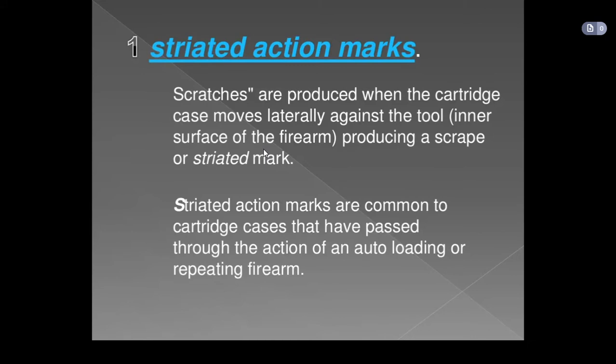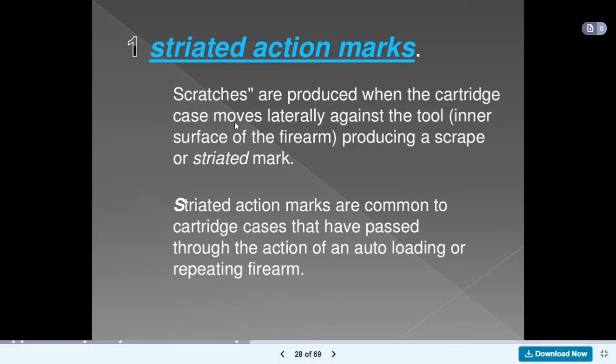So, striated action marks. Straight scratches are produced when the cartridge case moves laterally against the tool, the inner surface of the firearm, producing scraping or striated marks. Striated action marks are common to cartridge cases that have passed through the action of an auto-loading or repeating firearm.